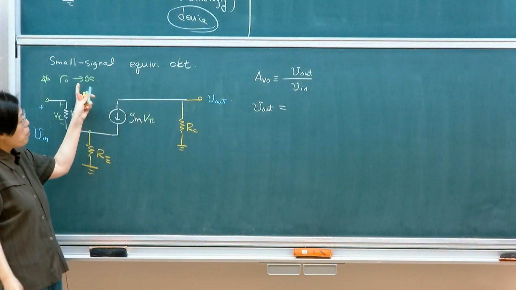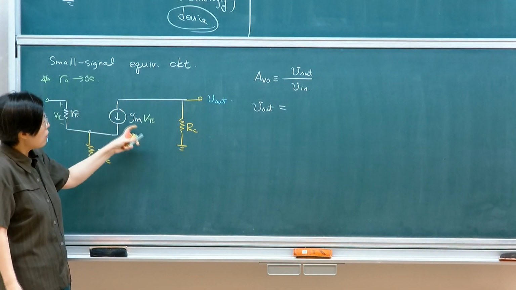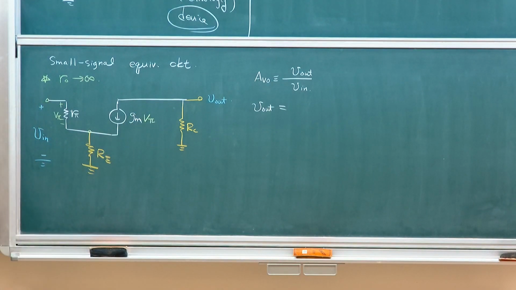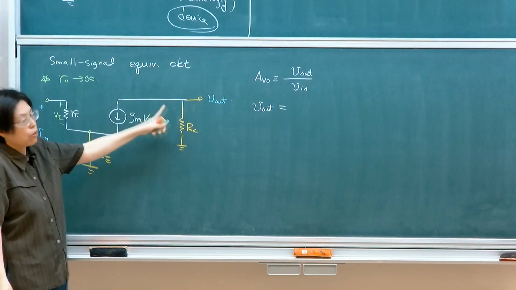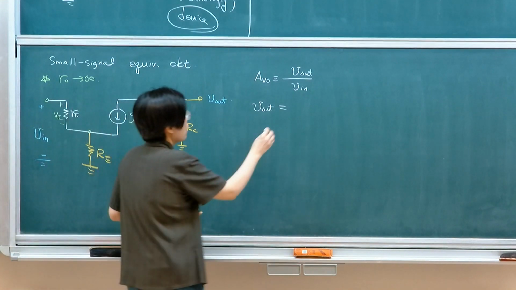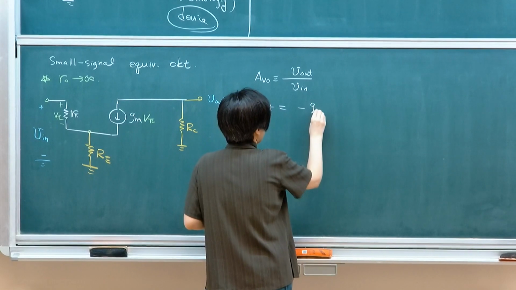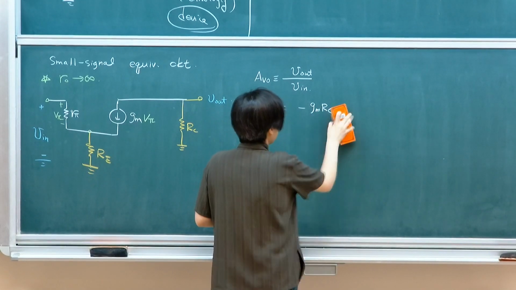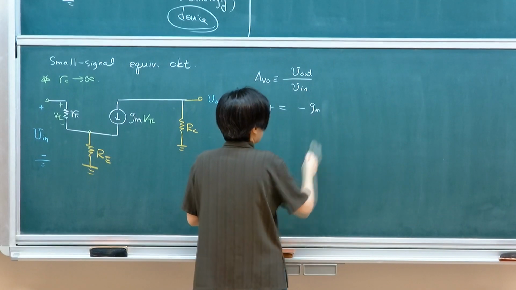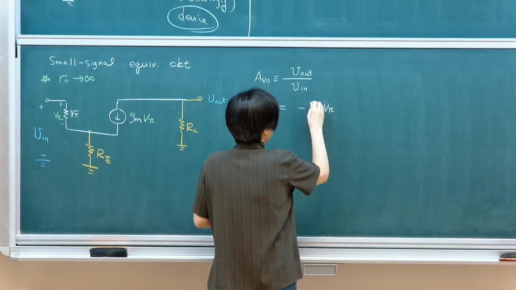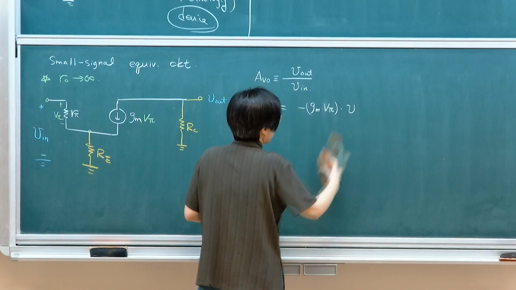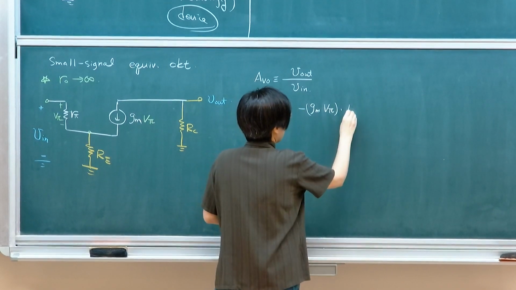Because I'm omitting the output resistance effect, what is the current on RC? The current should be this, right? Because there's only 2 branches, the current times the RC.